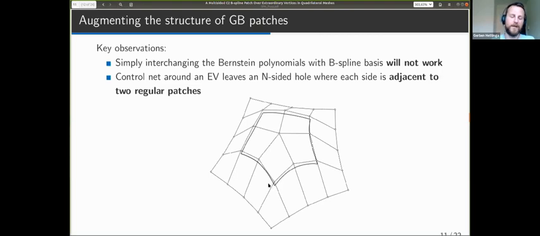So this will leave an n-sided hole, in this case a 5-sided hole, where each side is adjacent to 2 regular patches. So if you want to construct a ribbon, you have to make sure that the ribbon continues over 2 intervals with respect to the regular patches over here.